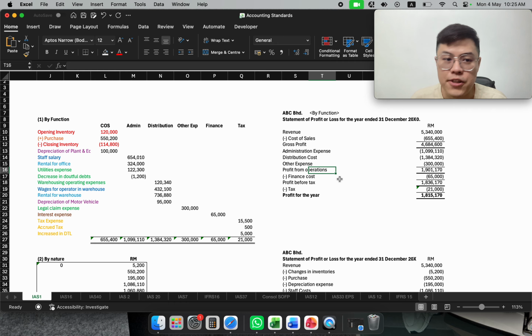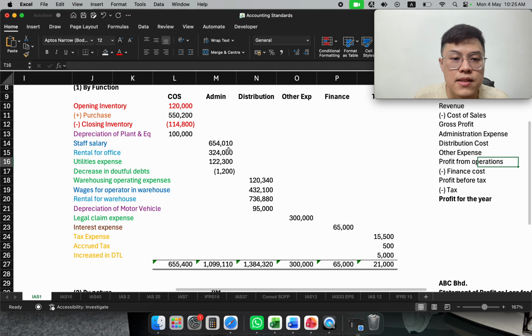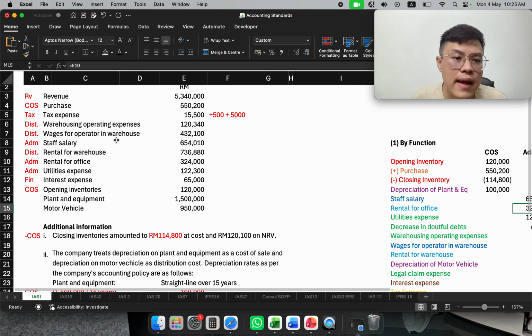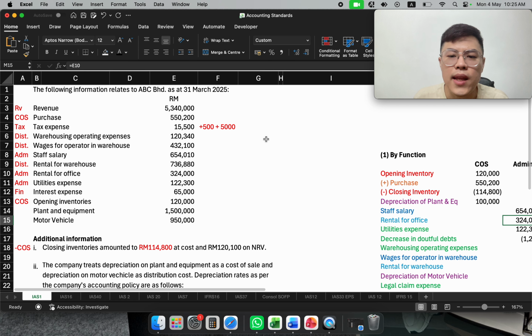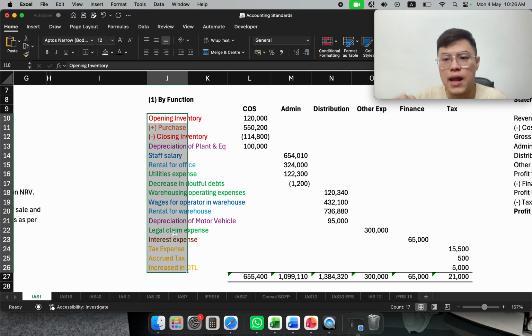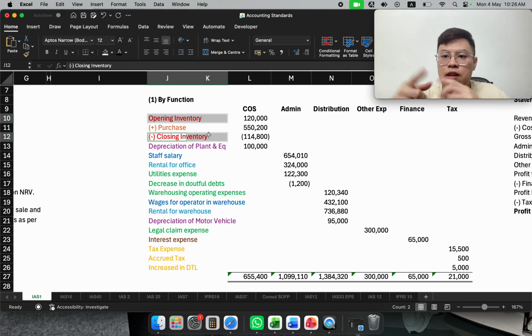What about by nature? As you can see over here, we have a couple of colors that I have labeled in here. After you analyze all the items, all these are by function. But when it comes to by nature, the list of items that you are going to put under SOPL, you will need to group together based on one single nature. For example, opening inventory and closing inventory, they are the changes in inventory.